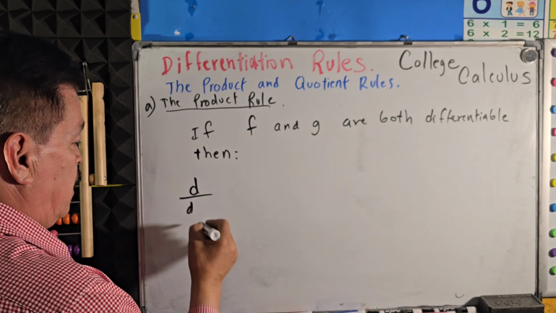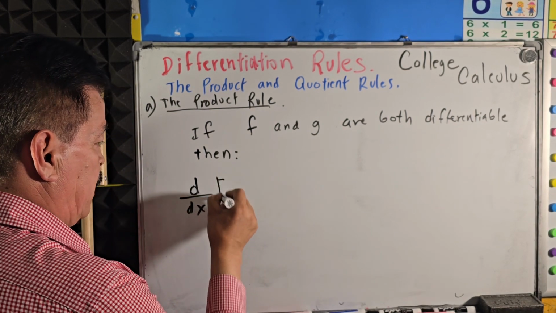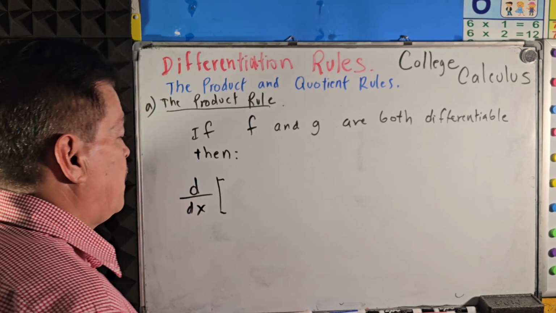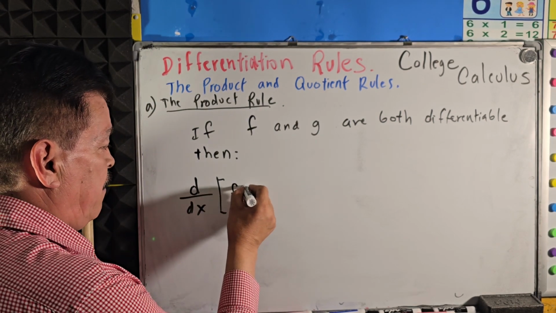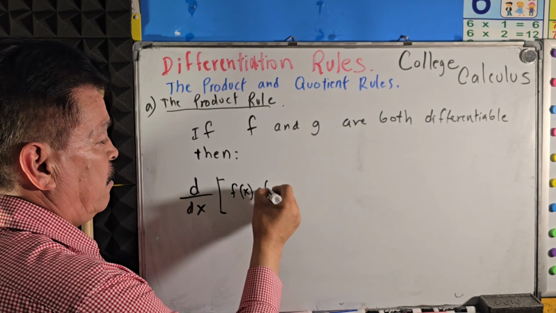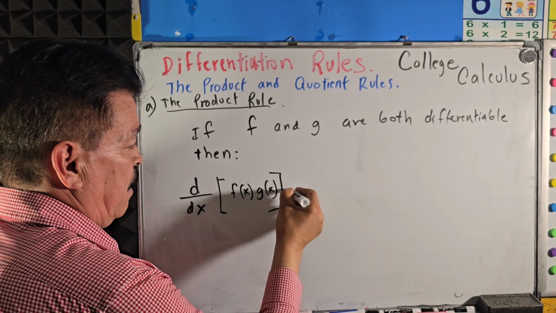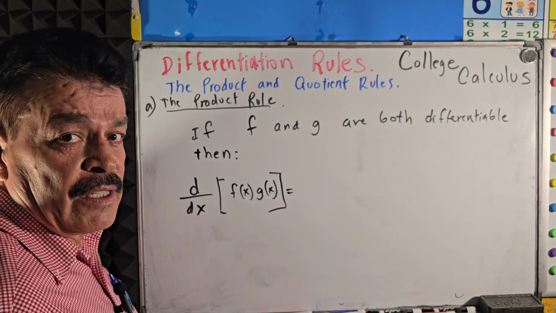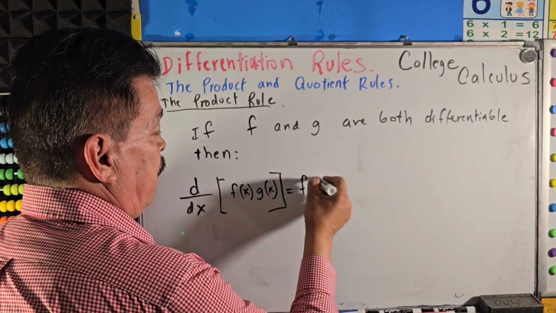d over dx of the product f of x times g of x equals f of x times d over dx of g of x, plus g of x times d over dx of f of x.